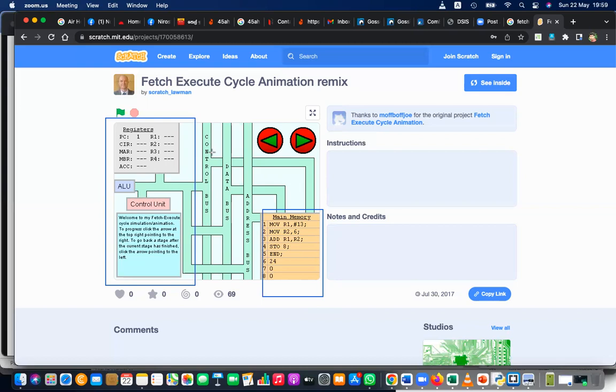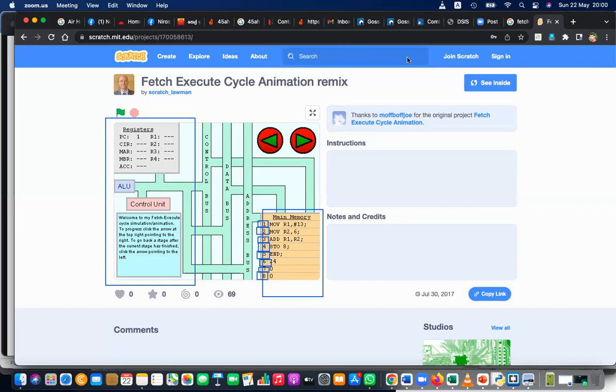There are 3 buses between the main memory and the processor: the control bus sends control signals, the data bus sends and receives data, and the address bus sends address information. Each memory cell has an address. You can see these numbers 1, 2, 3. Each memory cell has this kind of number, which is called a memory address. Typically, memory addresses are represented using hexadecimal. Address means the memory location.